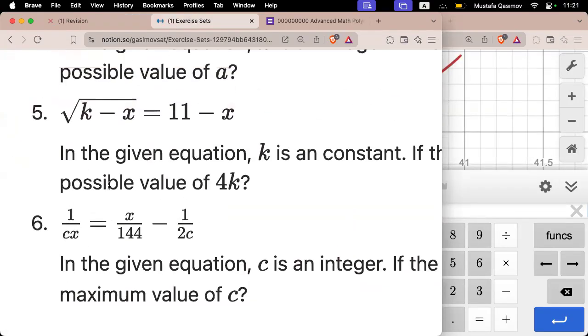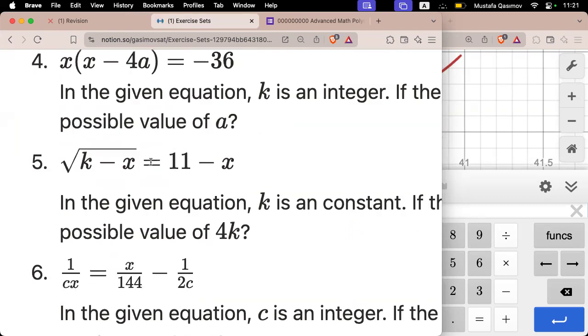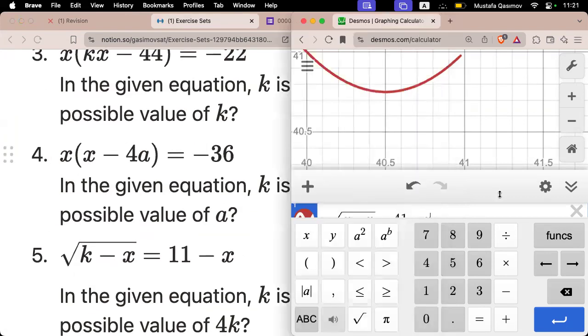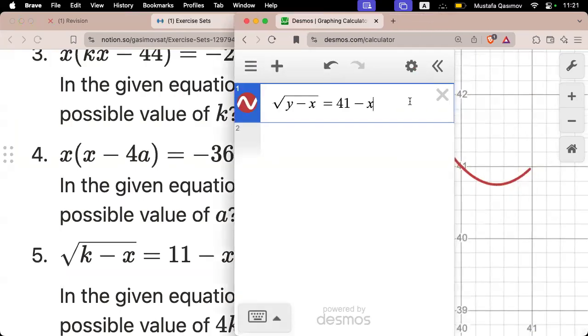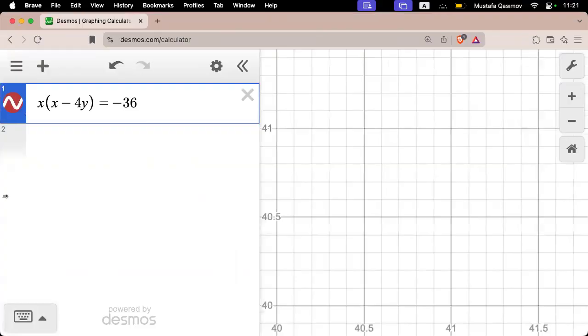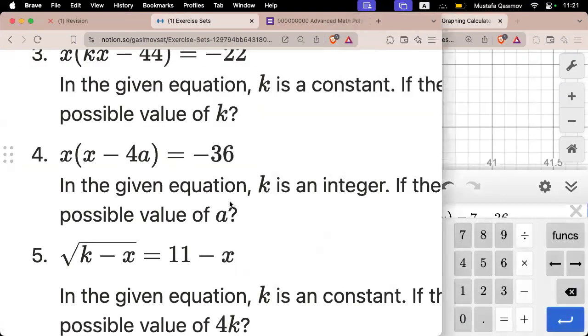Okay, we looked at 6, we looked at 5. Let's look at 4. x minus 4a, and let's write y instead of a, negative 36. K is an integer.